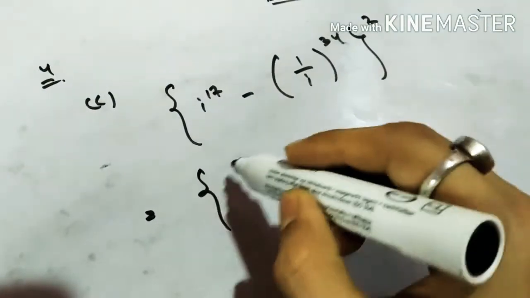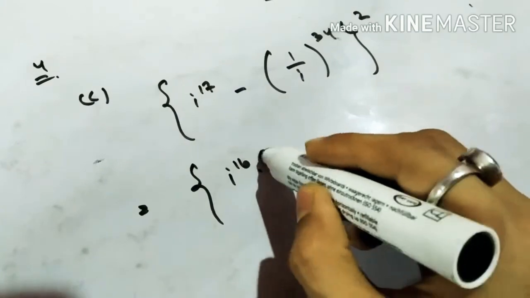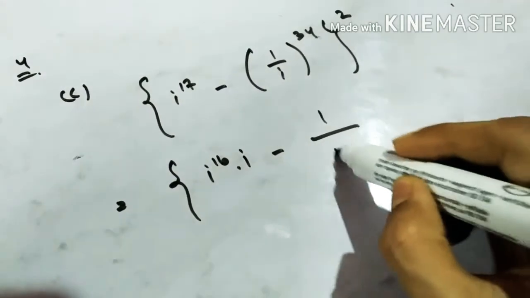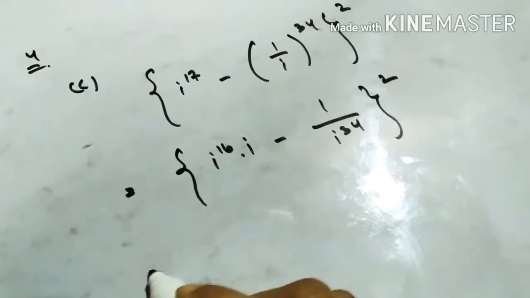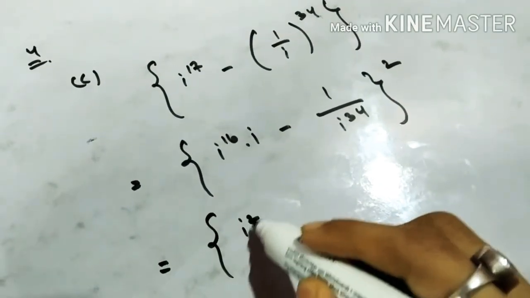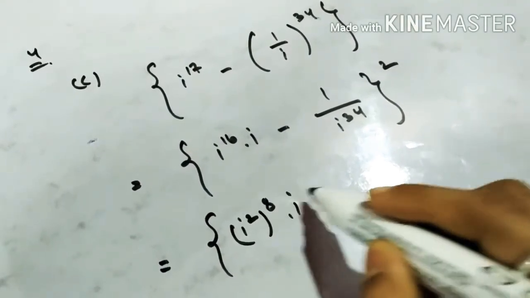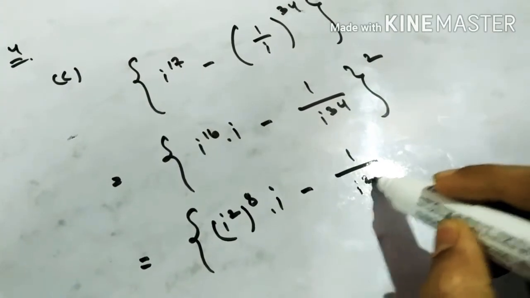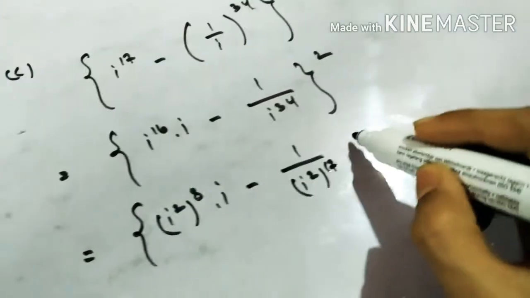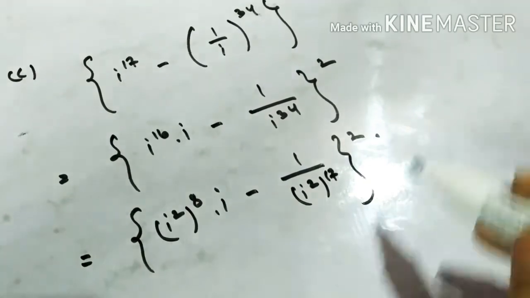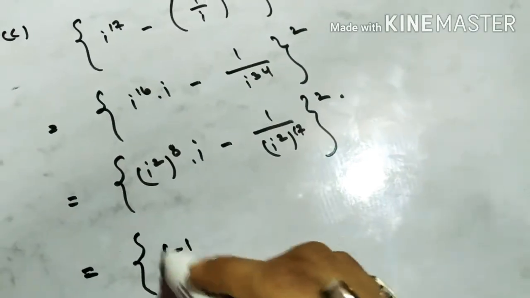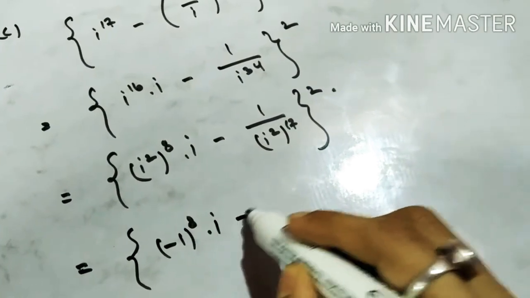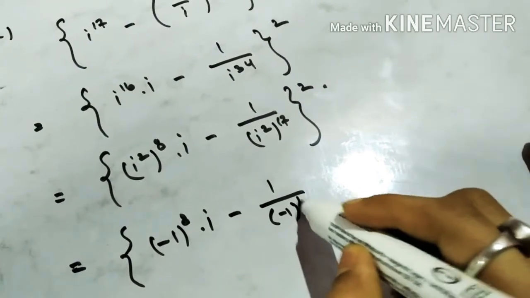So this I can write as i^16 into i minus (1 by i^34)^2. (i^2)^8 into i minus (1 by i^17)^2. So this you will get (-1)^8 into i minus (1 by i^17)^2.